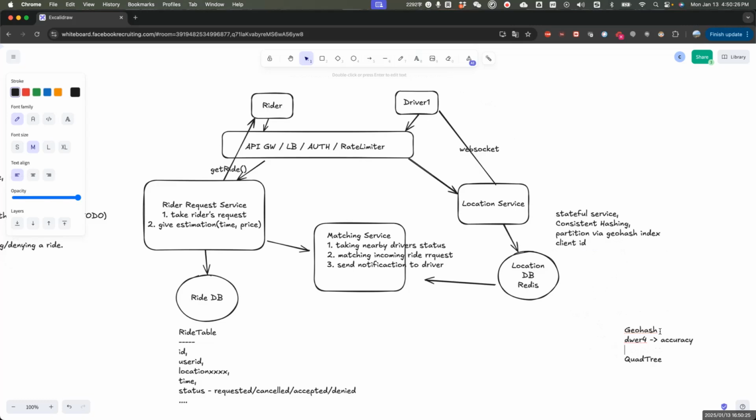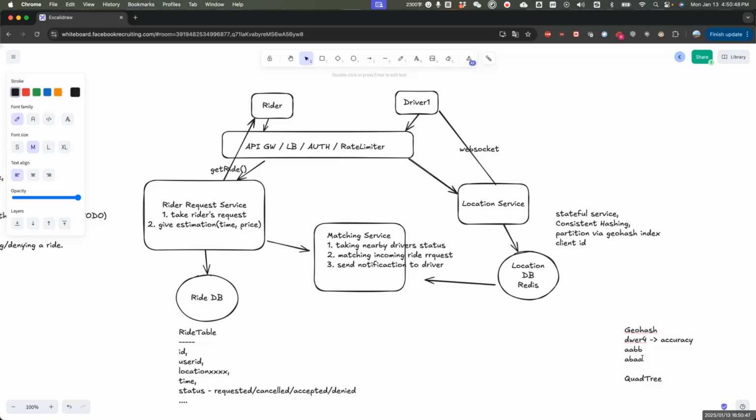However, this could be resolved because, first of all, the geohash index on disk is listed in order. For example, if a geohash is like AABB and the next one is ABAA, they're basically nearby.